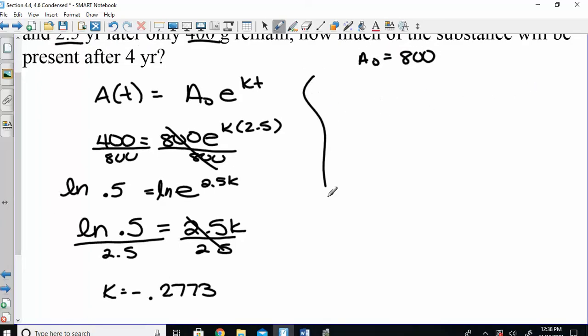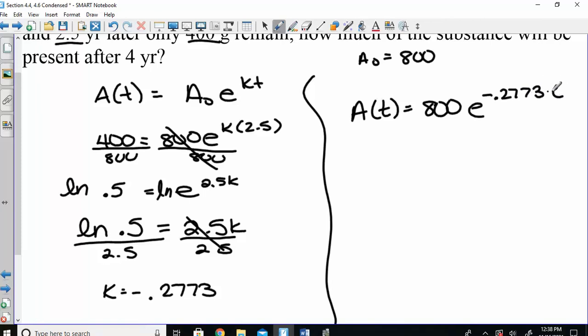So what this tells me is that overall, my general equation here is 800 e to the negative 0.2773 t. We had our beginning amount, we have our constant. So now we can find out how much remains at any given point in time. Specifically, I asked you how much was present after 4 years, so we just have to plug in our 4.